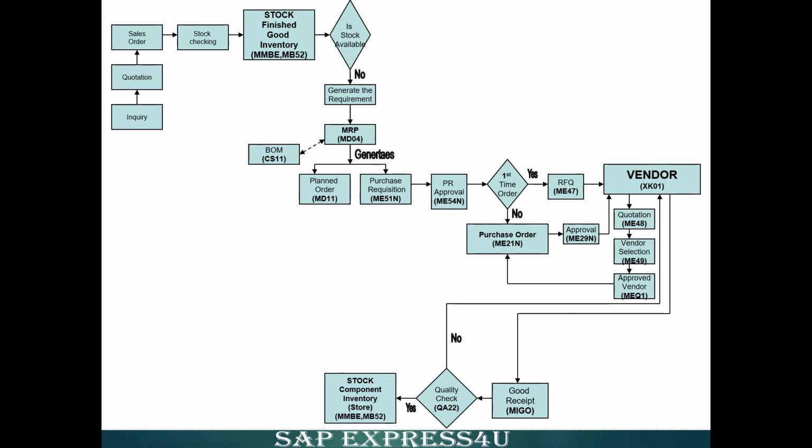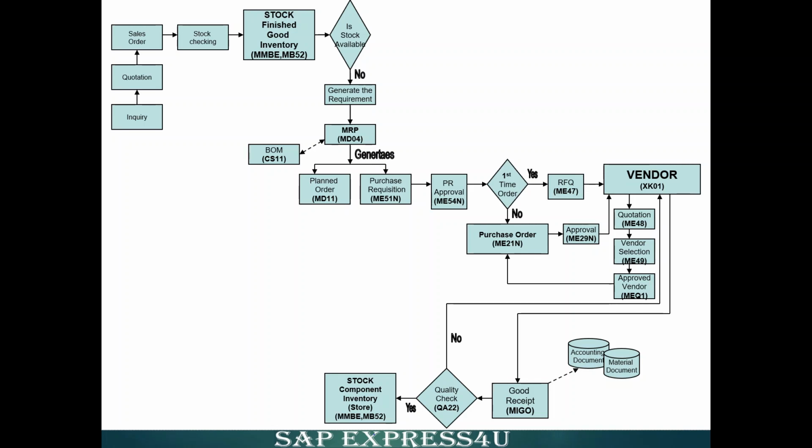Now let's say there can be a scenario where the quality check was done and the goods were not as per the specification. So definitely we are going to reject it, because the quality was not good. That means a rejection will happen and that material will go back to the vendor. Again the vendor will be sending the material to us, and then again a goods receipt will happen.